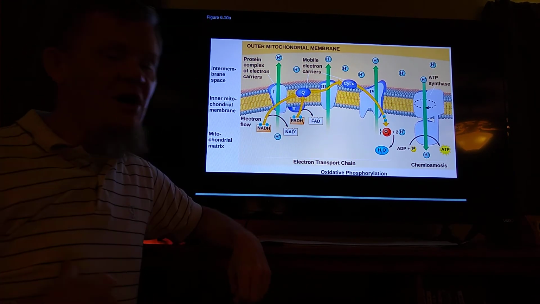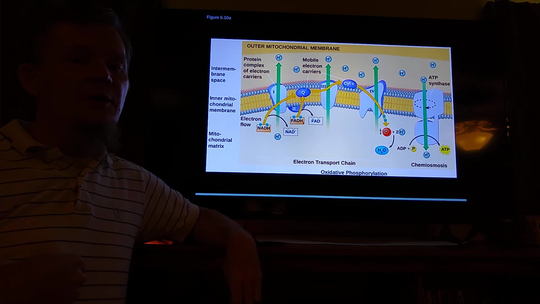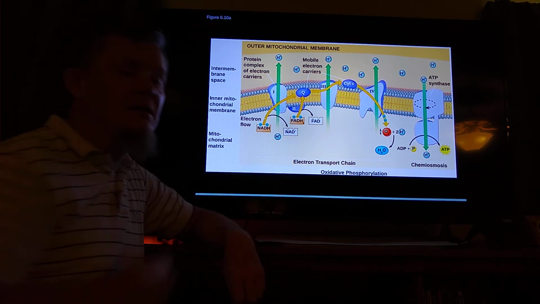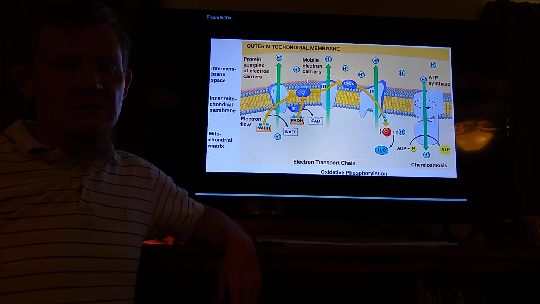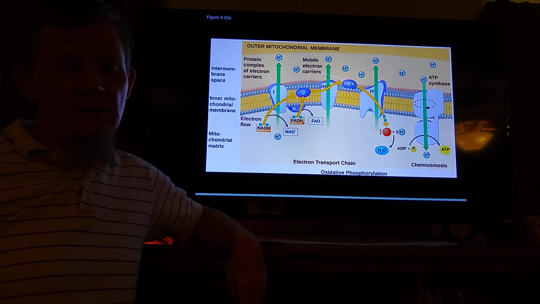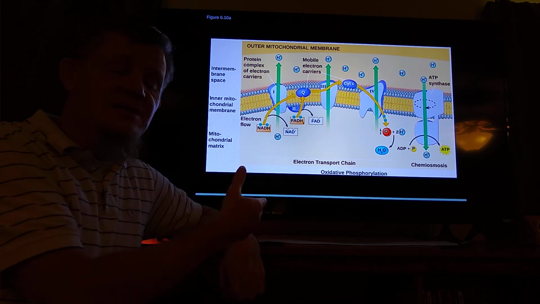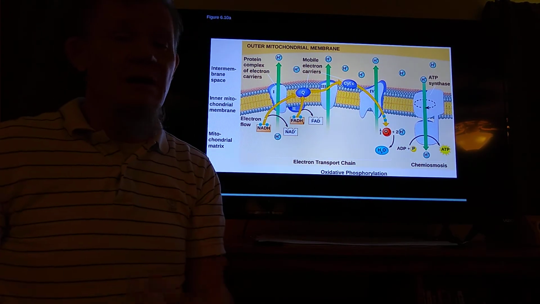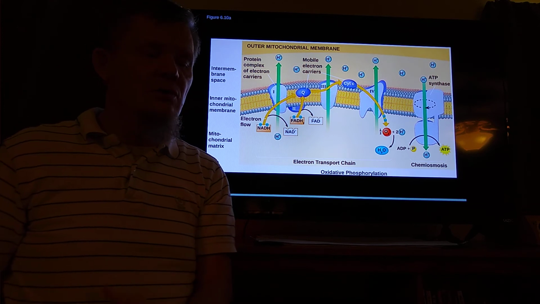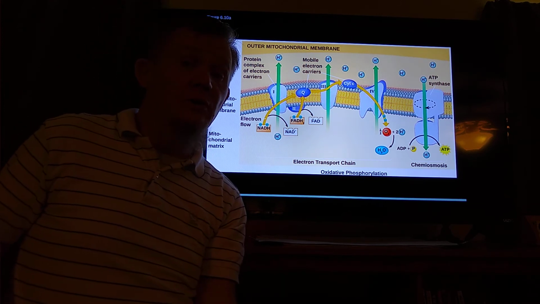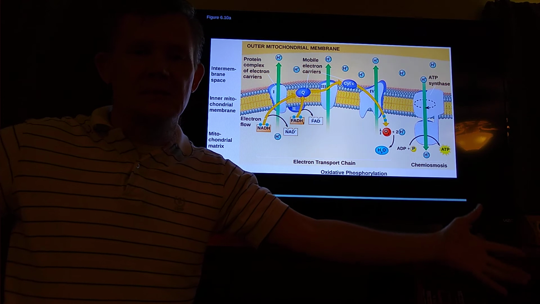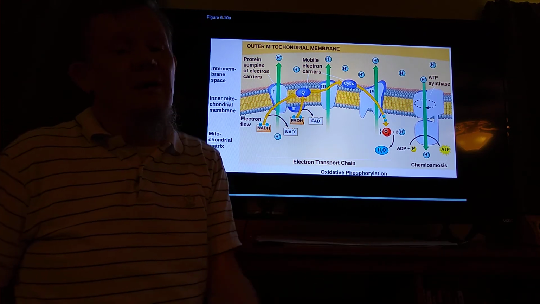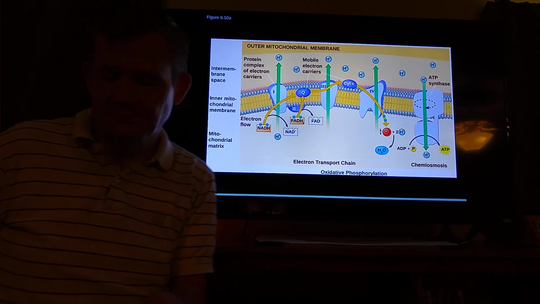So of the $38 that you made, 36 of them were made in the mitochondria. That's why it's the powerhouse of the cell, because 36 of the 38 ATPs are made in the mitochondria. And if you don't have functioning mitochondria, then you can only make $2 per glucose instead of 38. That's why the mitochondria is such a big deal.